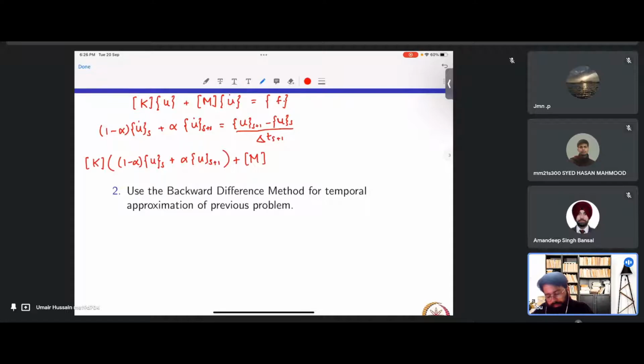So for the time derivative term, we can replace it as this. And again, f we'll have to approximate like this.